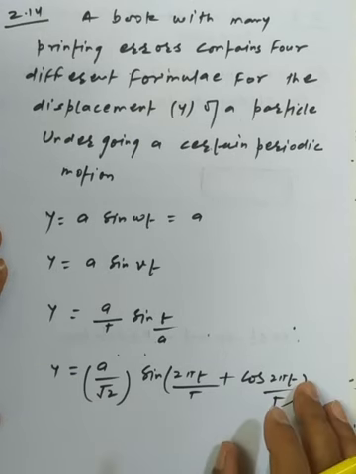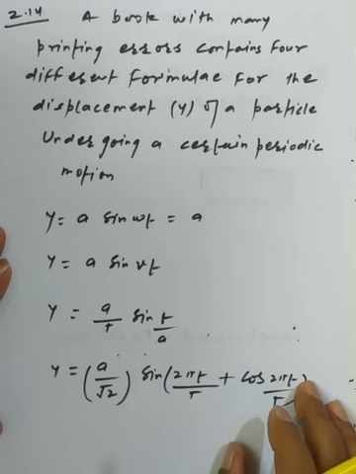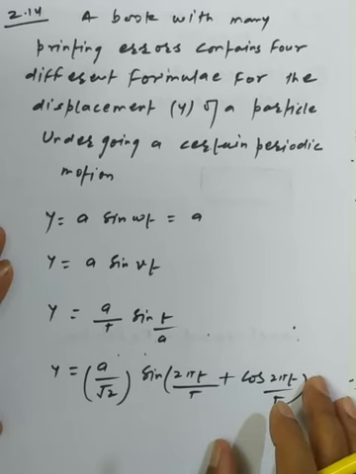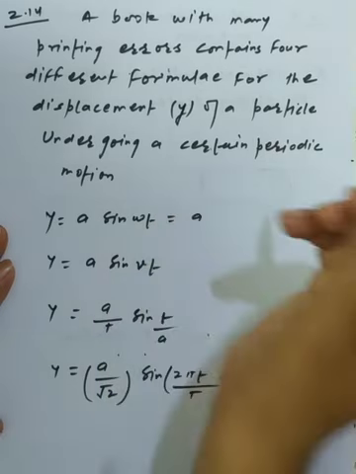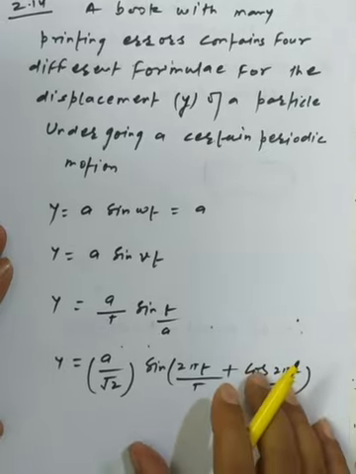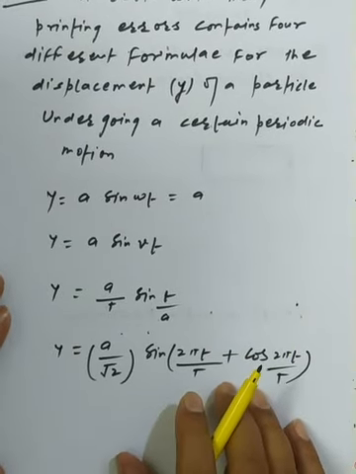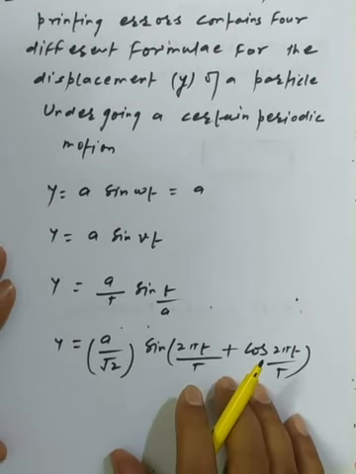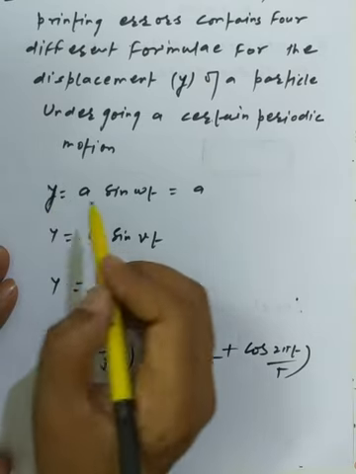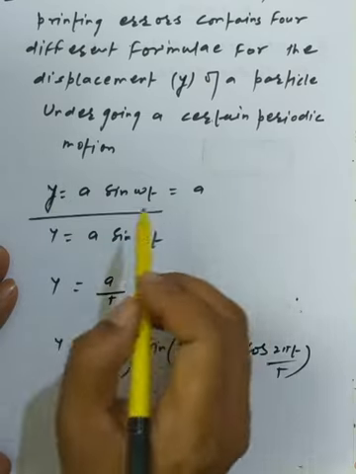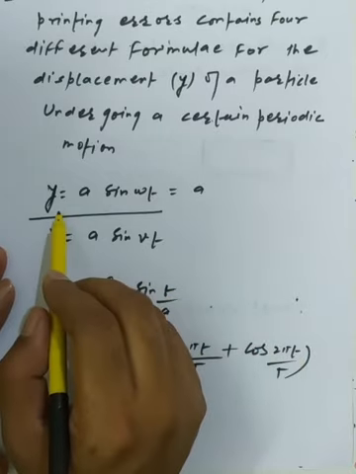Now dear students, I am taking question number 2.4 of the NCERT book. A book with many printing errors contains four different formulas for the displacement y of a particle undergoing a certain periodic motion. Students, these are generally the equations of simple harmonic motion, and the displacement of a particle in SHM can be given by this equation. So here we have to identify the following things.